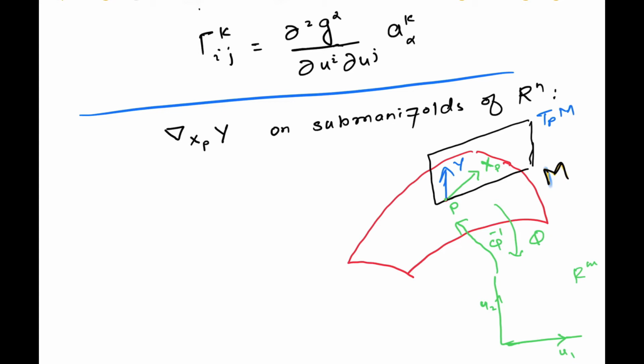So let me say I have some curve. Let me say this point P belongs to M, and this is obtained from phi inverse of these coordinates u1 naught, u2 naught, etc. I obtain it from the phi inverse of some points over here.